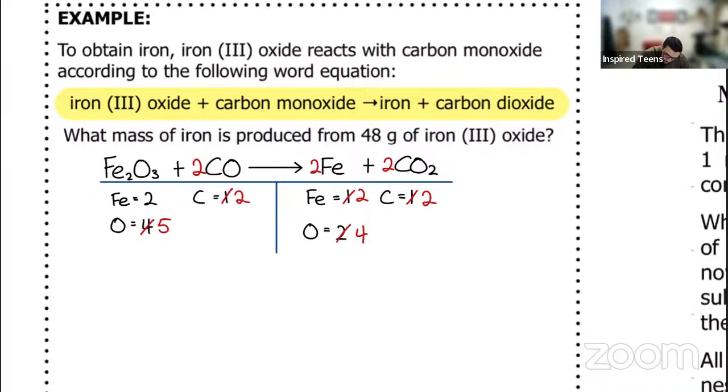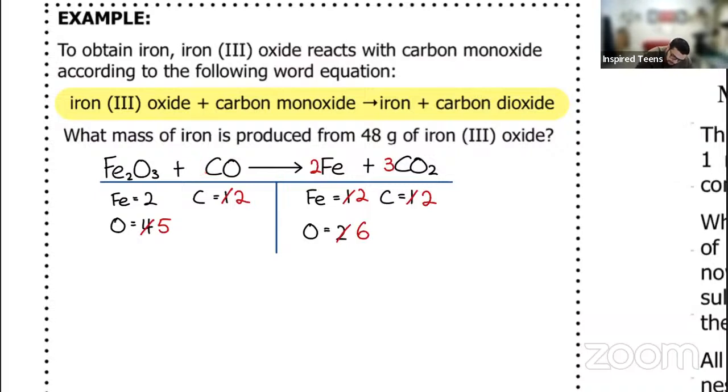So instead of 2, let us change this to 3 to meet at 6. So this becomes 6. And I can definitely meet at 6 on this side because I have 3 from there.